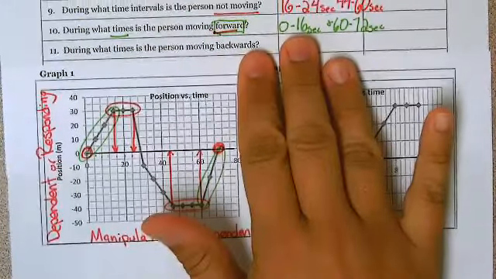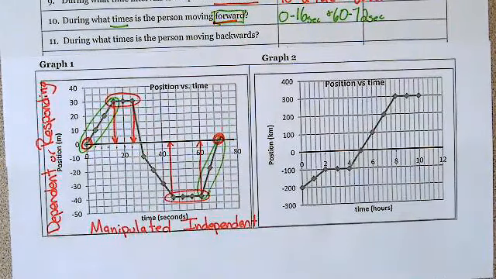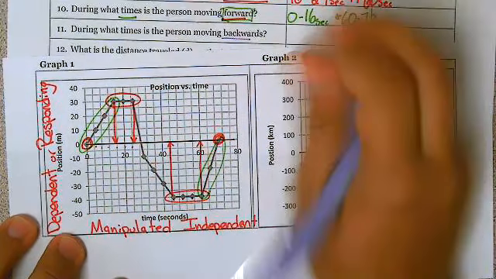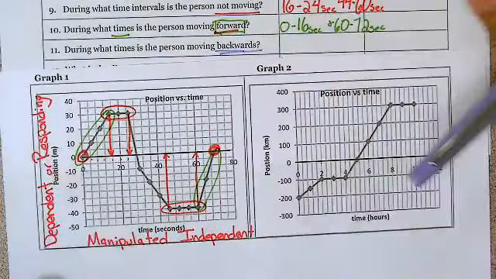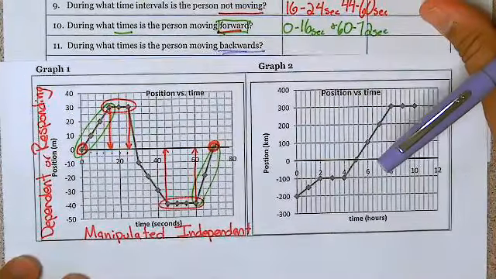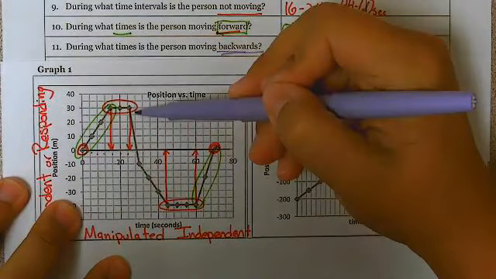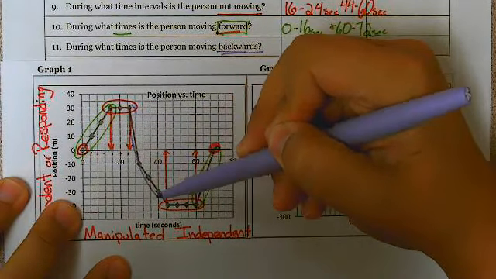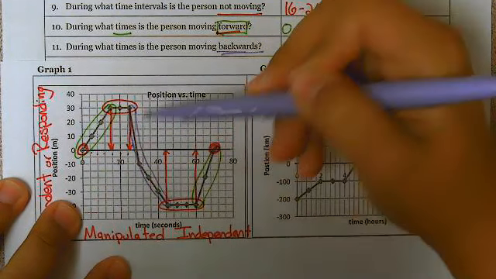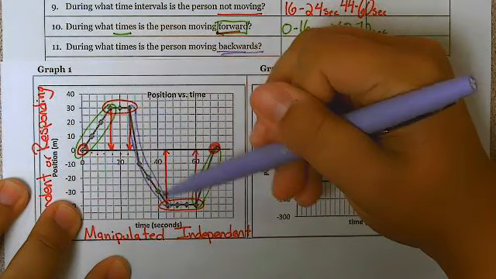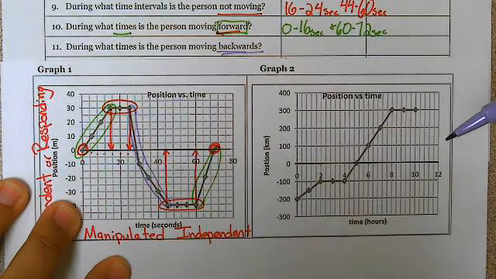Okay, during what time interval is the person moving backwards? So backwards motion is going down, a downward sloping line. Okay, so let's look here. He's moving down all of this time right here. It's different slopes, so he's moving at different speeds, but his motion is going backwards that whole time.